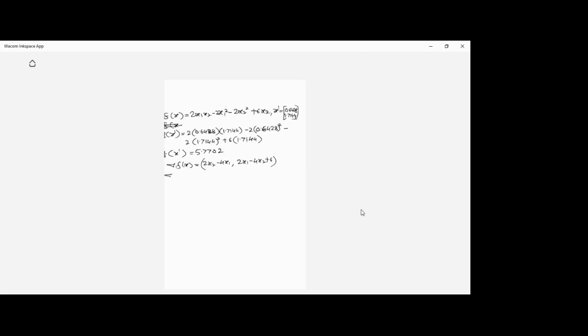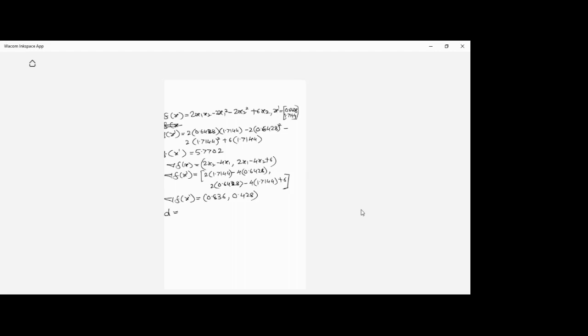So we can find out del of f of x dash by just substituting in the formula, that is 2 into 1.7144 minus 4 into 0.6428, then comma 2 into 0.6428 minus 4 into 1.7144 plus 6. So del of f of x dash comes out to be 0.836 comma 0.428, right? We just have to calculate it using the calculator, and you'll be getting that.